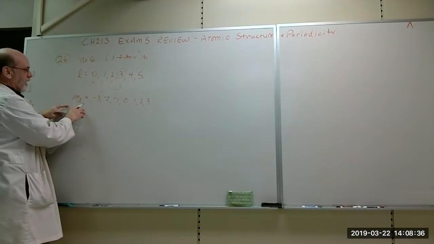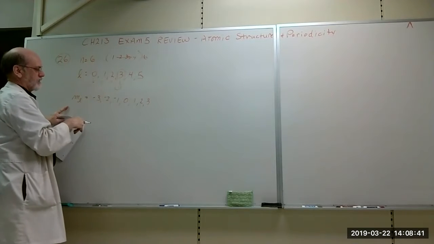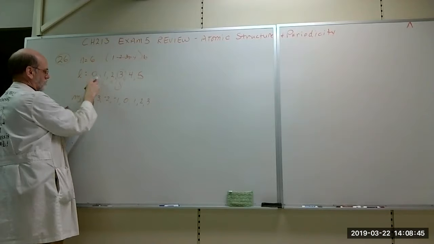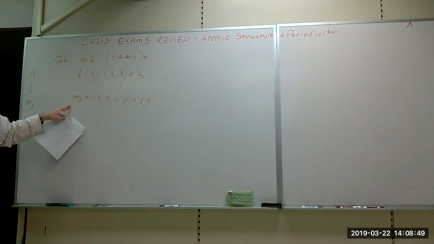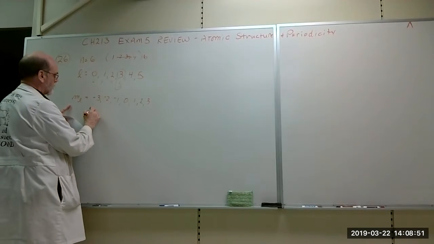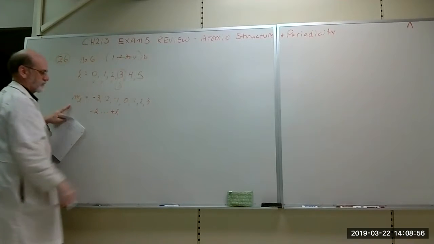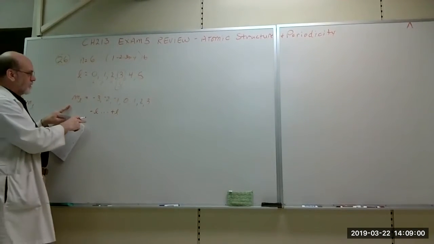Then, for m sub L, you subdivide each one of these. So if we're at L equals 0, then m sub L can be 0. That's it. Because m sub L is minus L up to plus L in whole number steps.